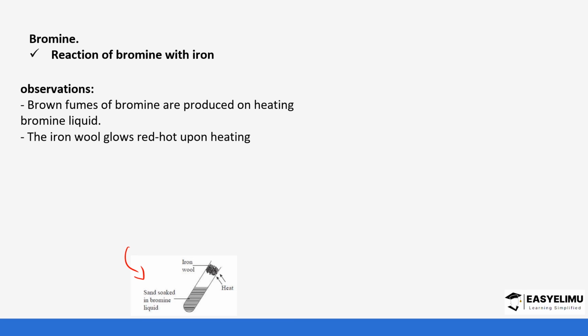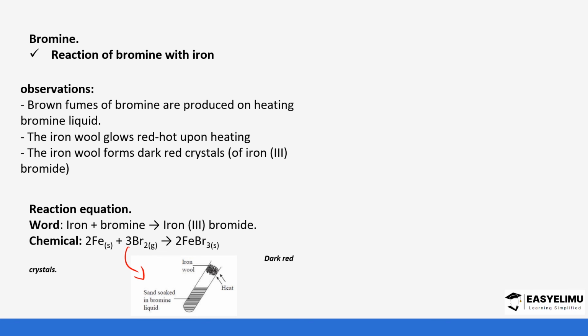And then iron wool, when it's heated, it glows, and then it reacts with the bromine fumes to form iron 3 bromide. We say that it's always going to form with the highest valence or oxidation number. So that is the equation. Iron reacts with bromine to form iron 3 bromide. And you can see the product is red crystals of iron 3 bromide.